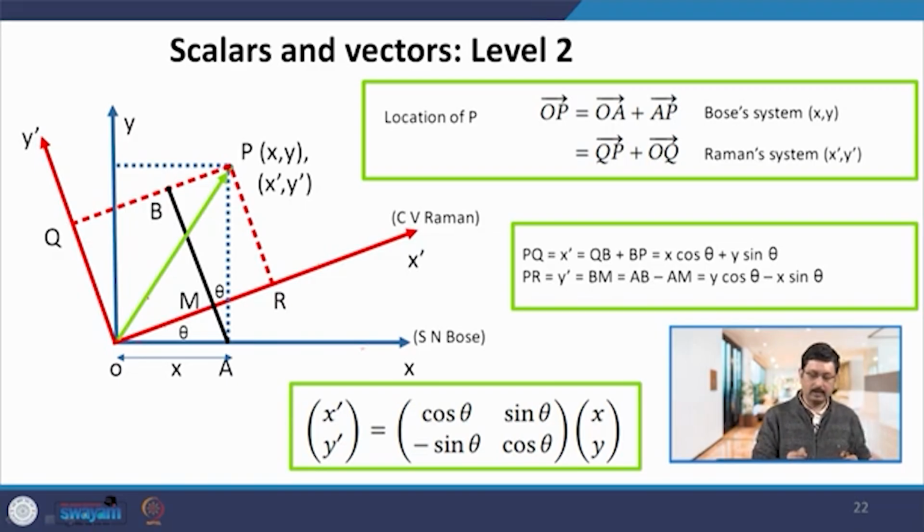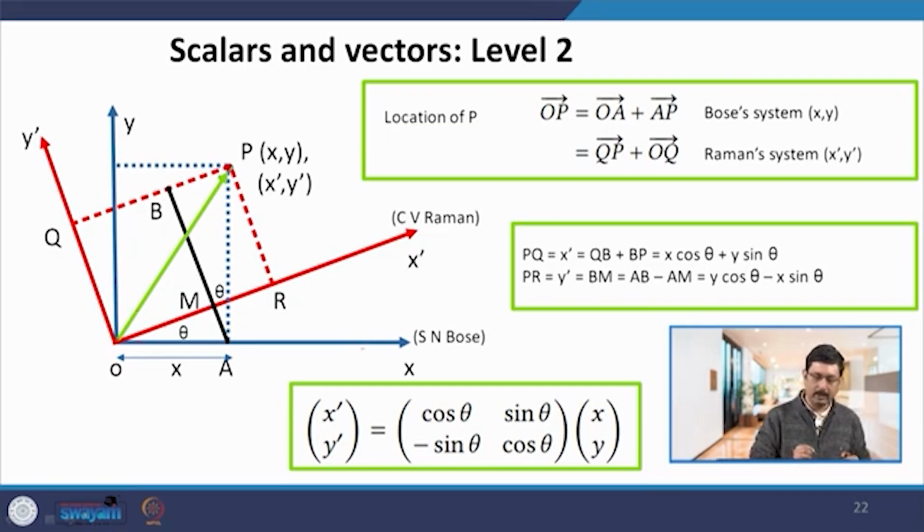In his coordinate system, he will write down that the location of point P from point O can be described by a vector, by an arrow.